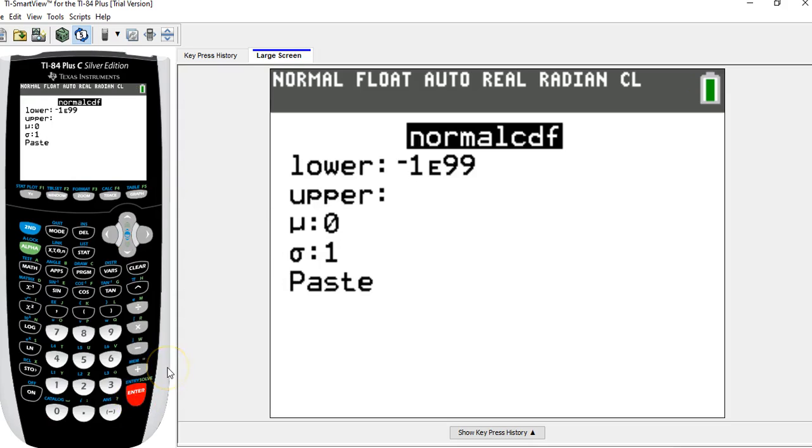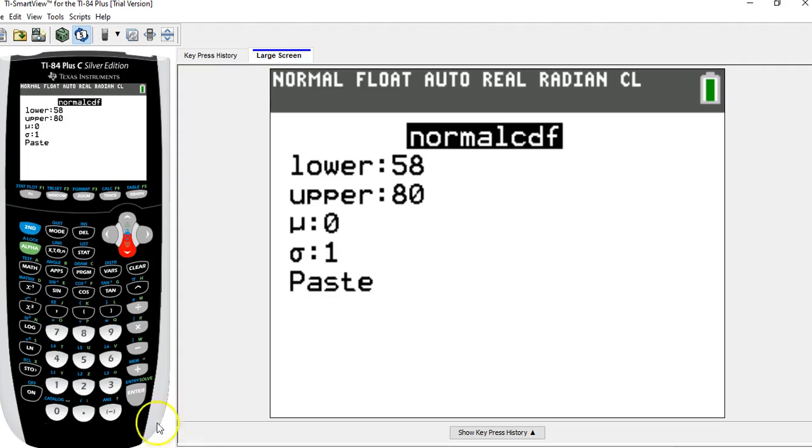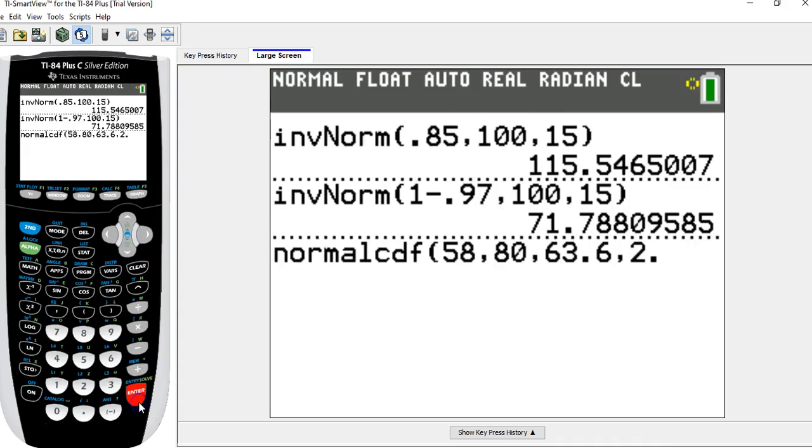The lower value is 58, the upper value is 80, the mean is 63.6, and the standard deviation is 2.3.